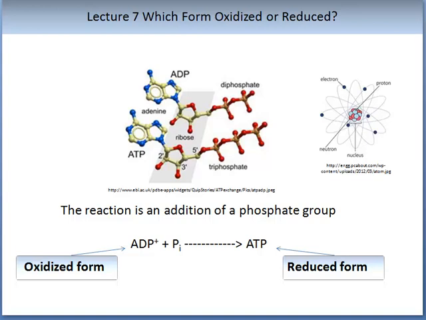It is said to be in the reduced form, just as the word describes, in that it is in a form that can be oxidized, while ADP is said to be in the oxidized form because it is in a state that can be reduced. It is important to remember that an atom consists of nuclei, electrons and protons, and it is the movement of these electrons which aids the addition and reduction of these compounds.